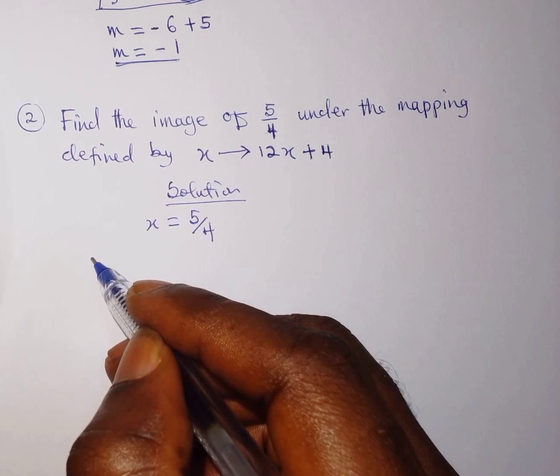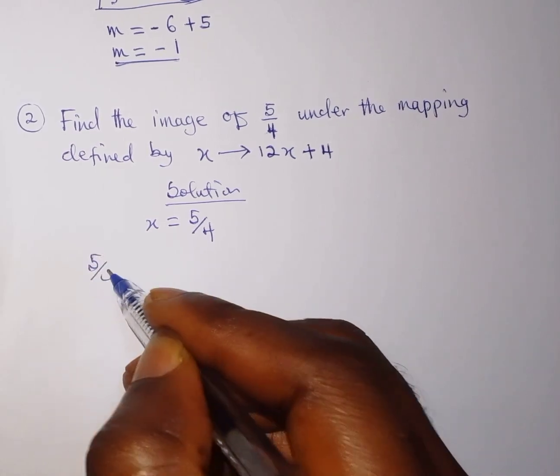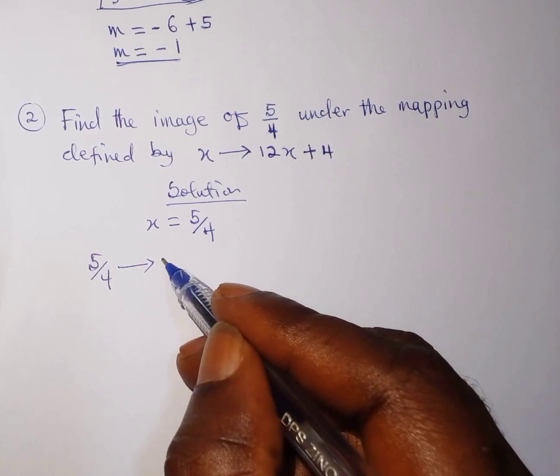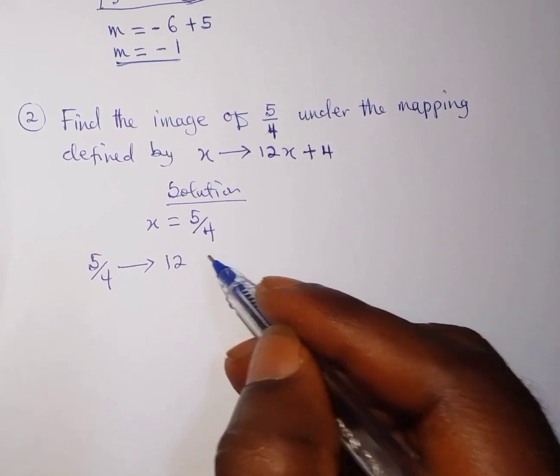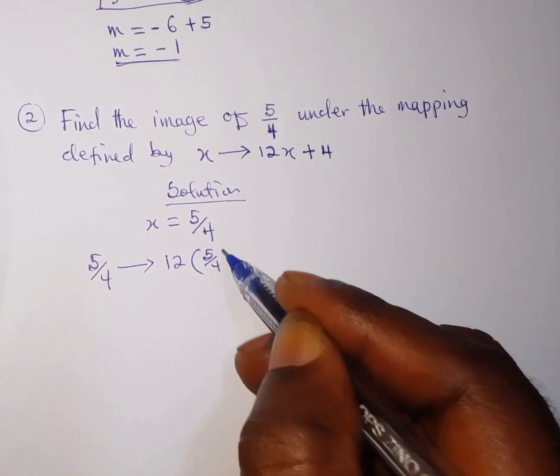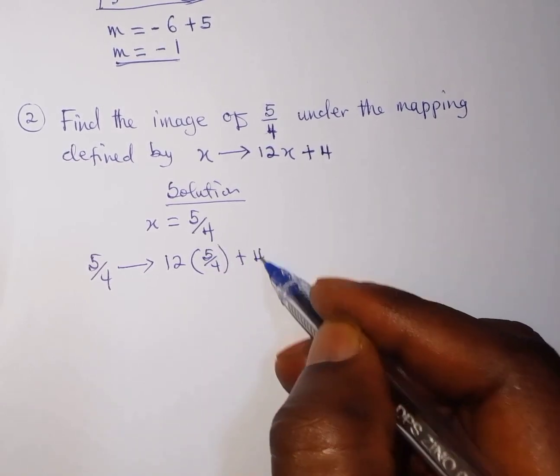It therefore becomes 5 on 4 relates to 12. Then I'll open bracket and write 5 on 4 there plus 4.